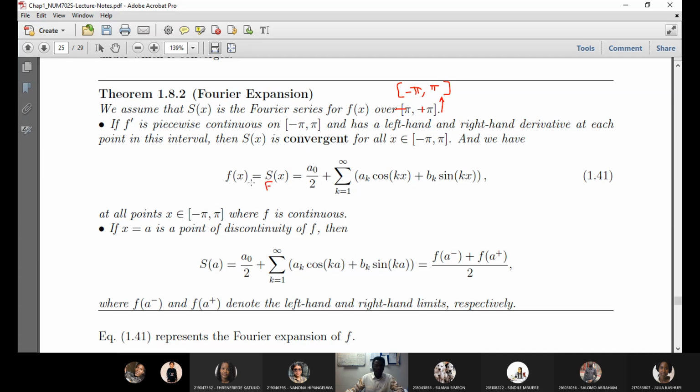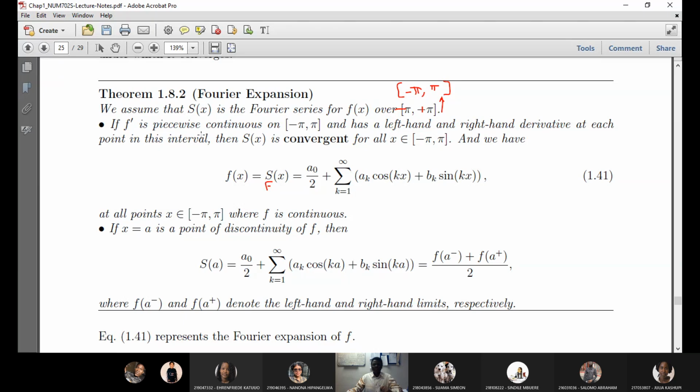So this will converge when f prime is also piecewise continuous, like f. But there's an extra condition that f prime has a left and right derivative at each point of the interval, negative pi. If that's the case, the series will converge to f of x.